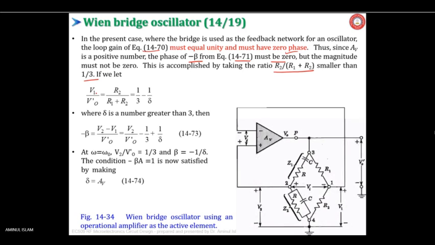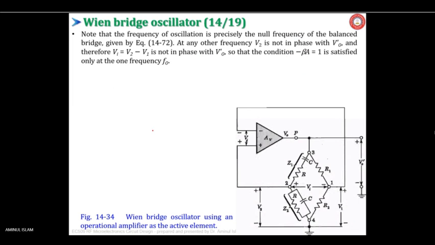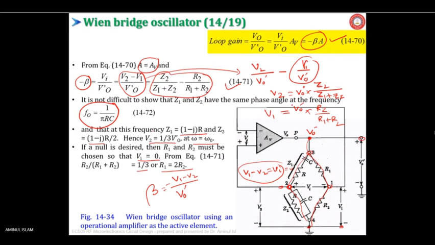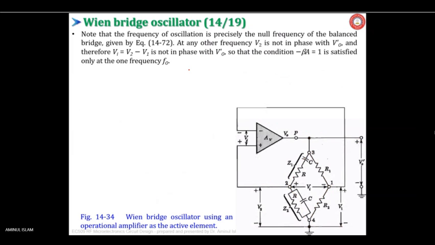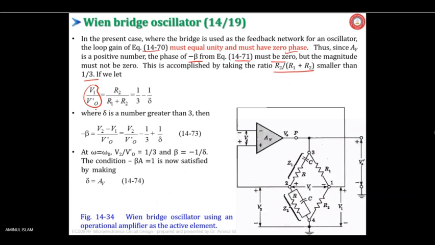Writing in a different way, we have already seen this, V1 by VO prime, this part we are talking about. So V1 by VO prime equals R2 by R1 plus R2, equals 1/3 minus 1 upon delta, where delta is a number greater than 3.